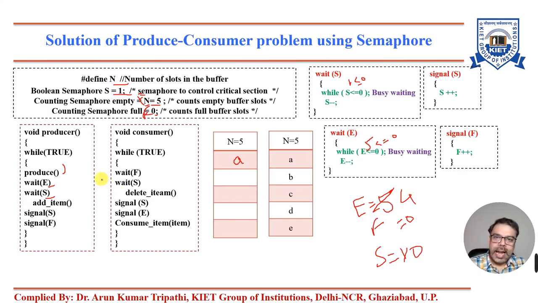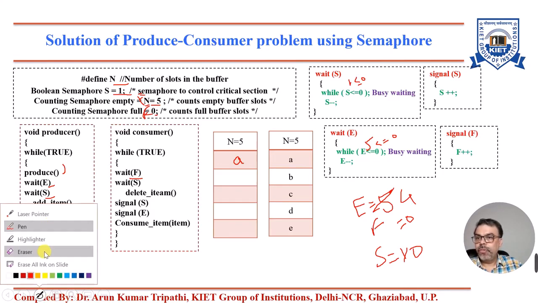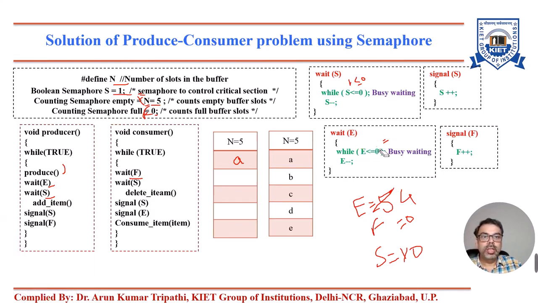Suppose that while it is adding an item, the consumer comes. What will happen? Let us see. The consumer will check the value of F. Initially F has the value 0.